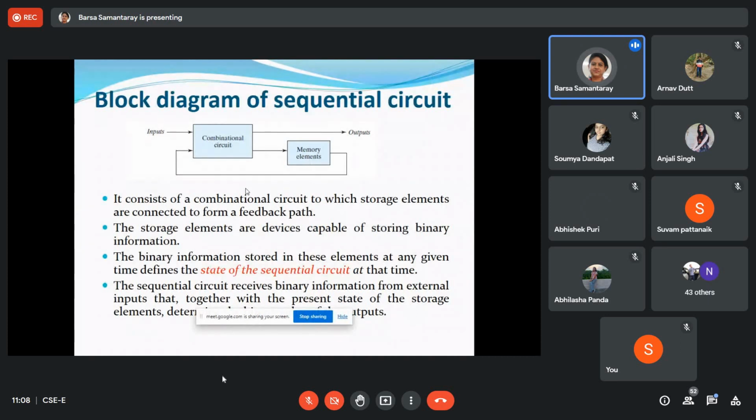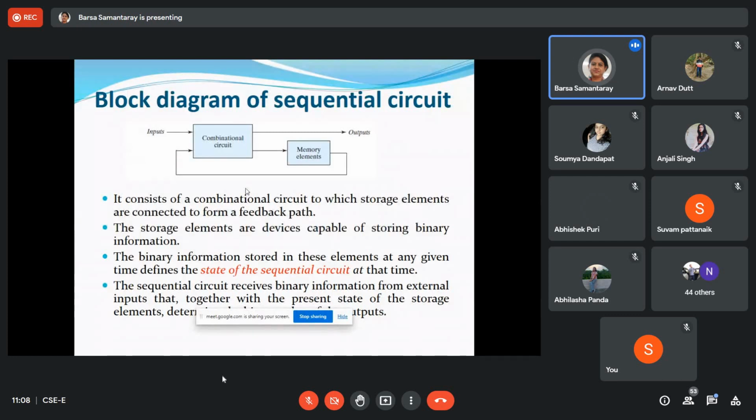Your entire circuit in the digital logic design subject is divided into two types: combinational and sequential. Till now, whatever circuits we have discussed are all examples of combinational circuits.